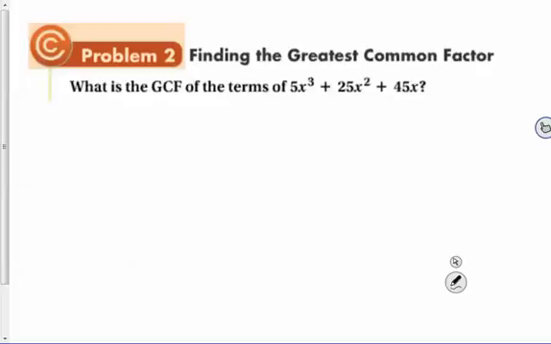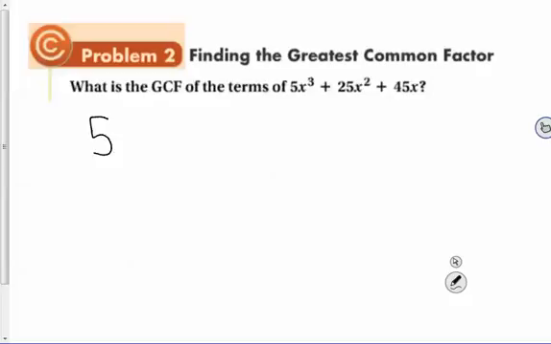Next thing we've got is talking about, you might have heard, GCF. So what is the greatest common factor of those three terms? What I like to say is, okay, look at the three numbers, 5, 25, and 45. What is the largest number that can come out of that? Well, that would be 5, right?